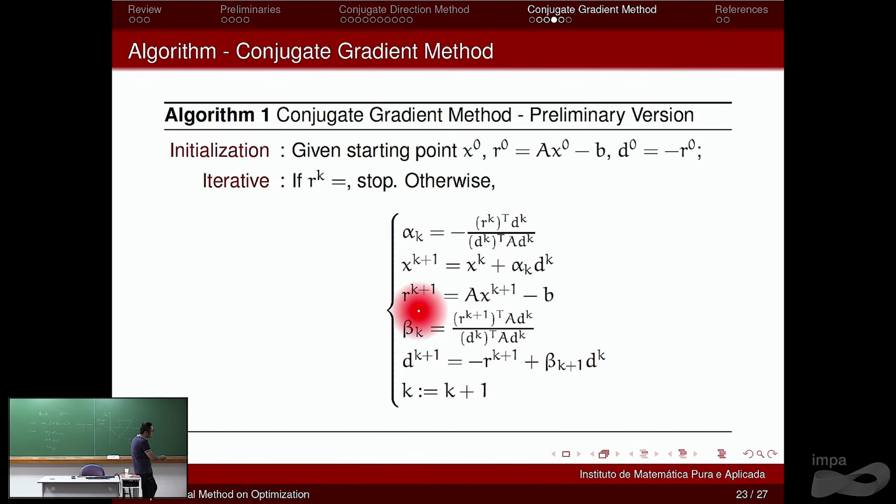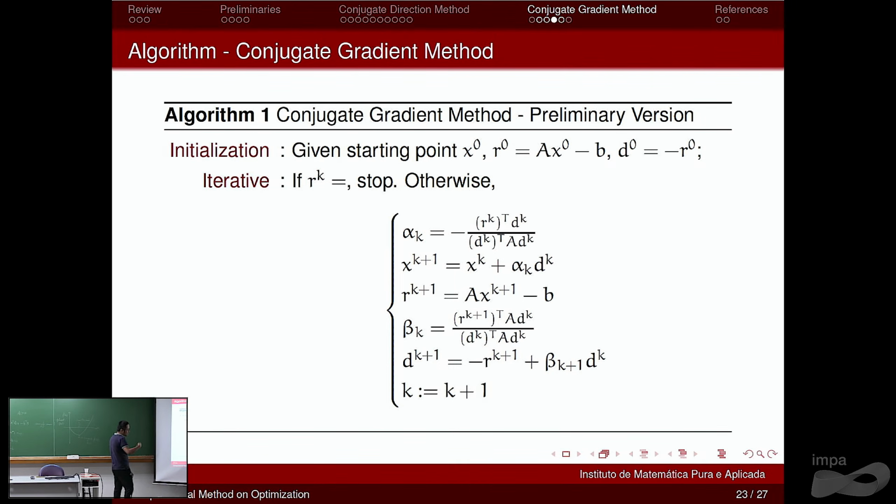Since you have the next residue, you can calculate beta k plus 1. Since you have beta k plus 1, you can compute the next direction of the conjugate gradient method just by the negative residue plus beta k plus 1 times dk, the last direction.